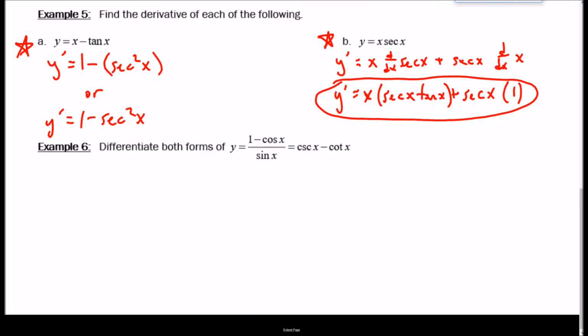All right, example 6 has y equals in 2 separate forms. So what we're going to do is look at the derivative of each of these forms. They are equivalent, but your final answers can look really different from each other. So in this first form, we have 1 minus cosine x over sine of x, and that's going to require us to use the quotient rule.